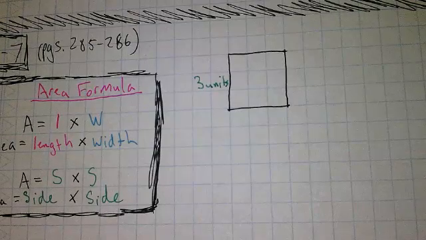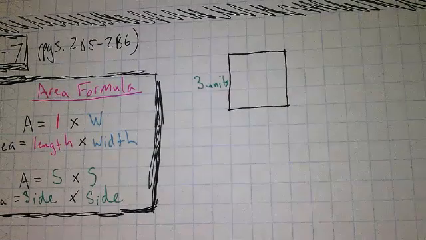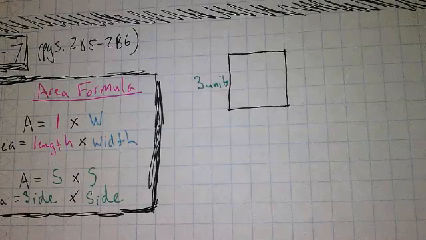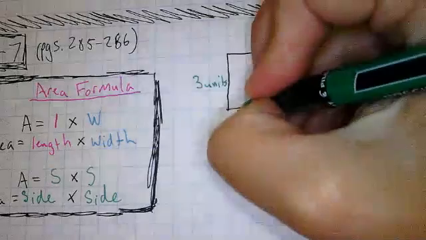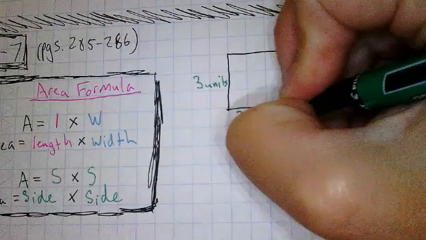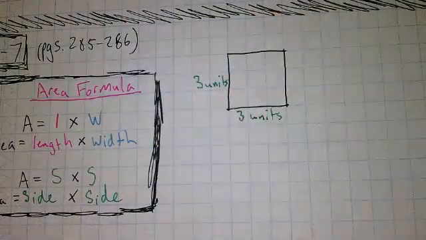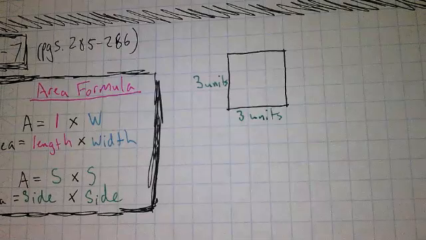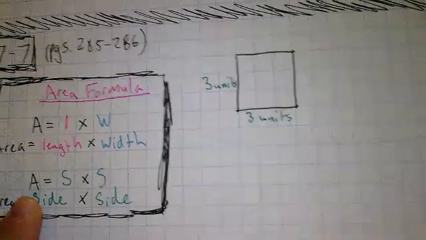But since it's a square, I know what about all my sides then? Lily? They're all equal. So if one side is 3 units, that means every single side is 3 units, right? I could label all of them, but I'm just going to label 2 here because I'm going to take those 2 sides and plug them into my formula.